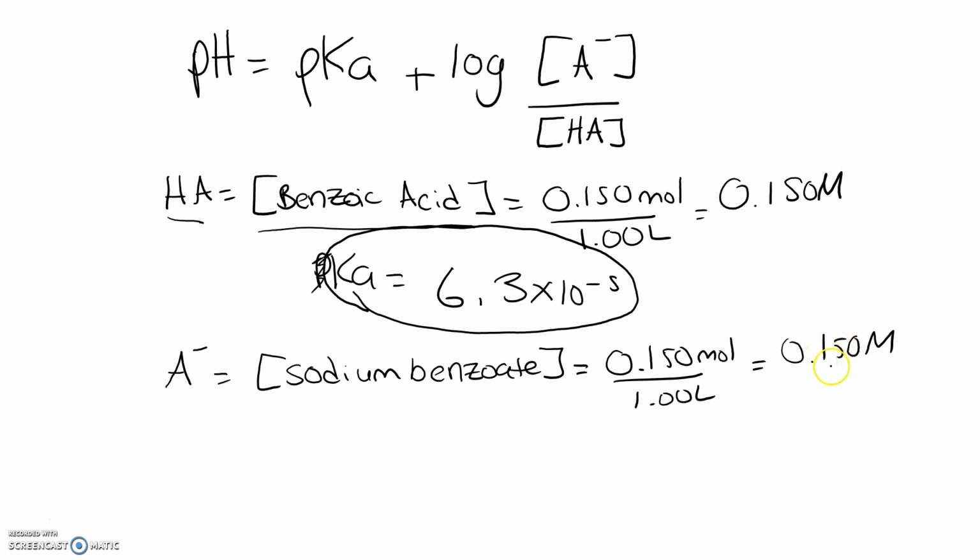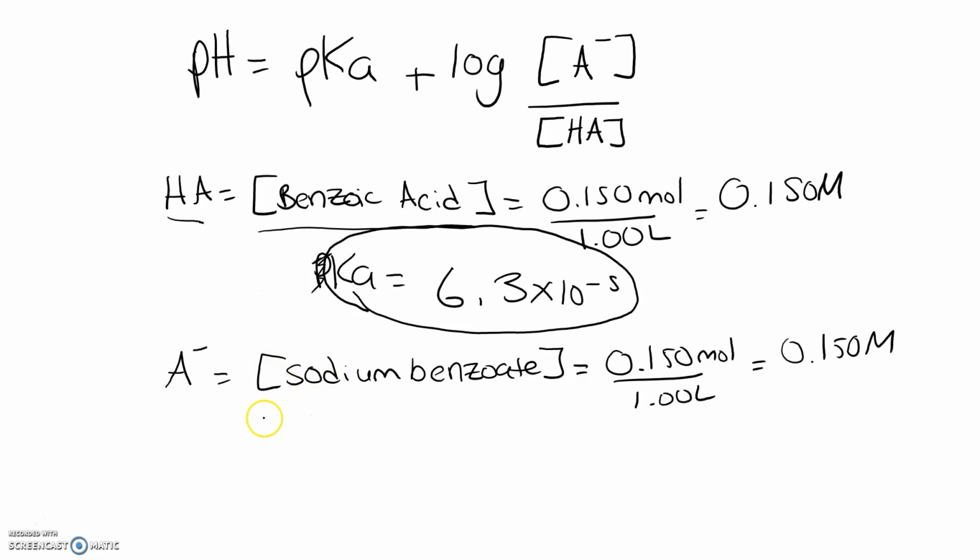This 0.150 molar is so much bigger than the Ka, and that means I can pretty much assume that the concentration of A- contributed by the dissociation of the benzoic acid is negligible relative to the amount of benzoate coming from the sodium benzoate.